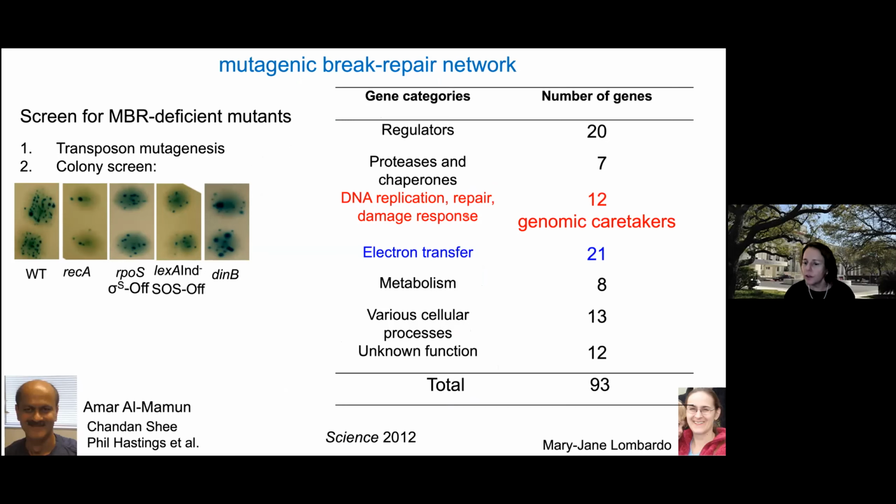And this list of 93 proteins is what they got. And the amazing part is that only a small fraction were the ones that we knew about, the DNA repair and mutation-related proteins. Most of them were just other stuff that cells do: metabolism, electron transfer, proteases, various regulators. It was not mostly the DNA end of the deal.